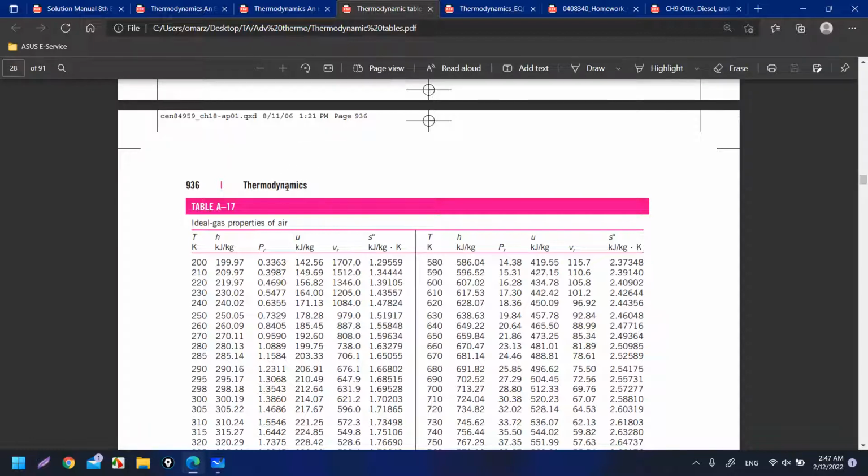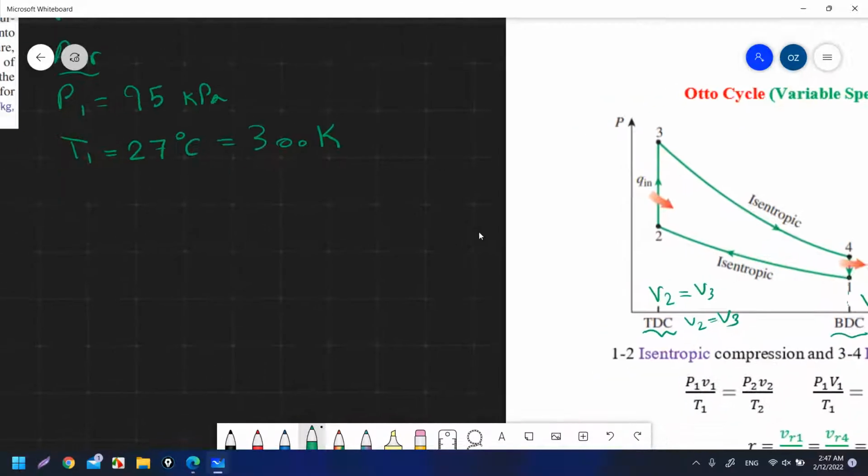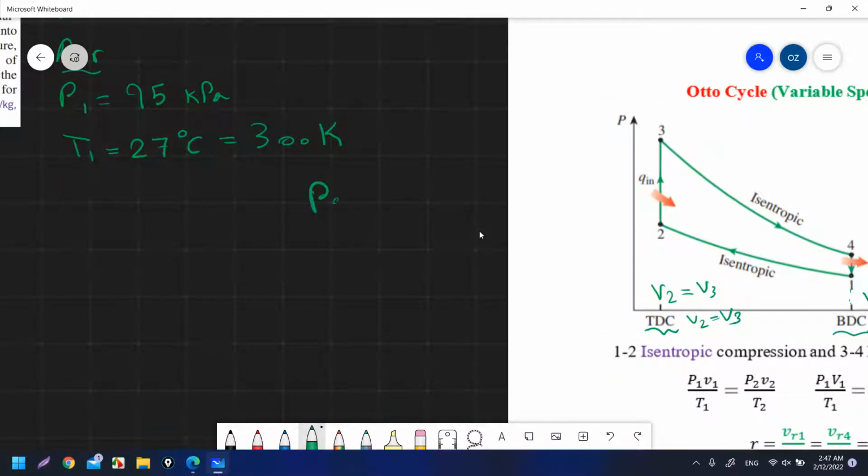If you want to read about s naught, vr, Pr, you can see the book from pages 354 to 357, only 3 pages about vr, Pr, and s naught. And if you don't want to read, it is fine.